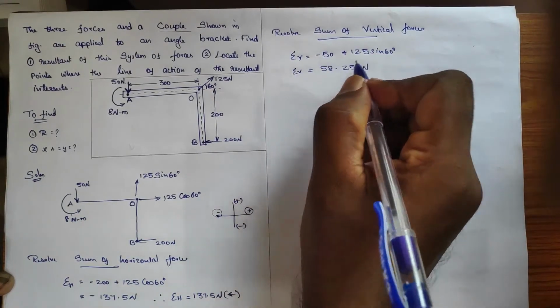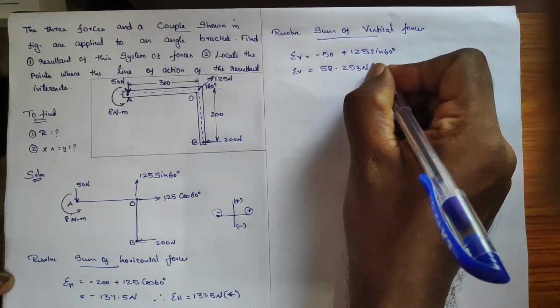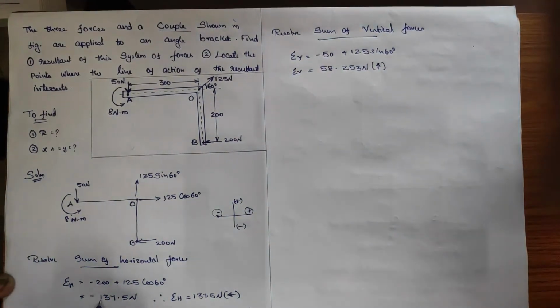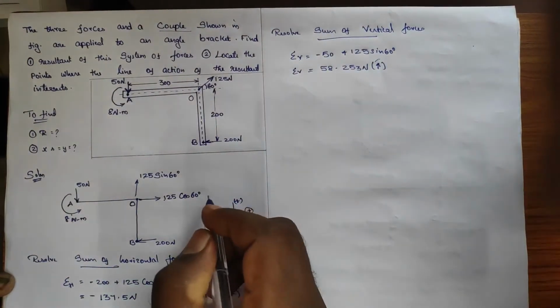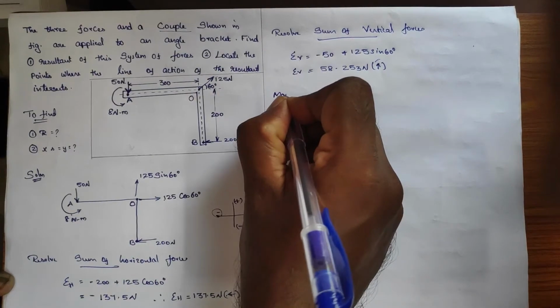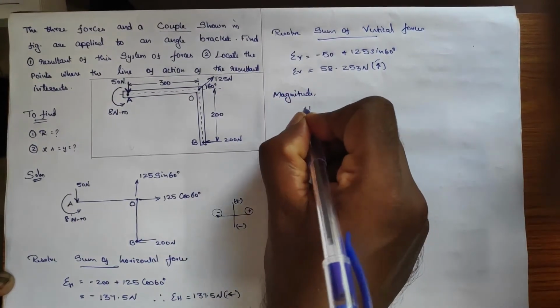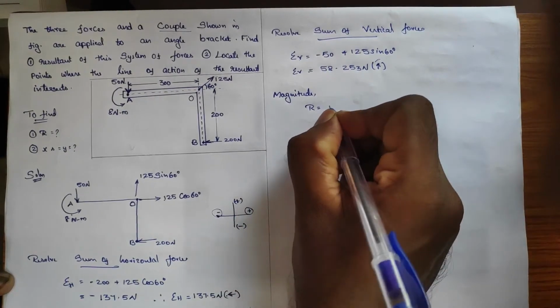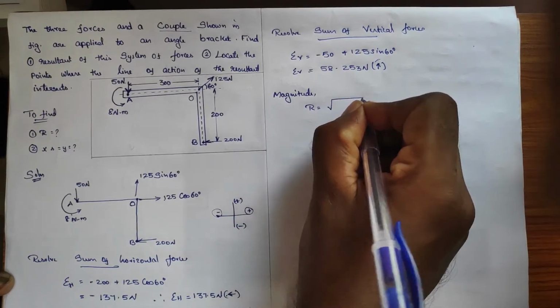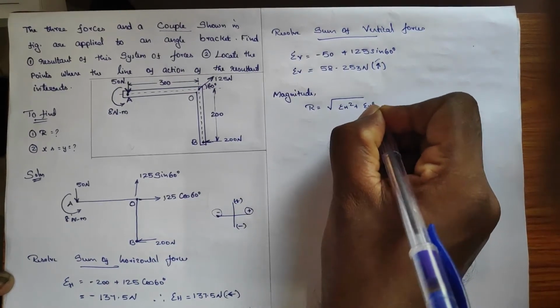Here it's a positive value, so it says it's moving vertically upward. The horizontal one is negative, so it is directed to the left side as we predicted, and here it is towards upward. Okay, now the magnitude of the resultant. The magnitude of the resultant is equal to the root of summation of H the whole square plus summation of V the whole square.